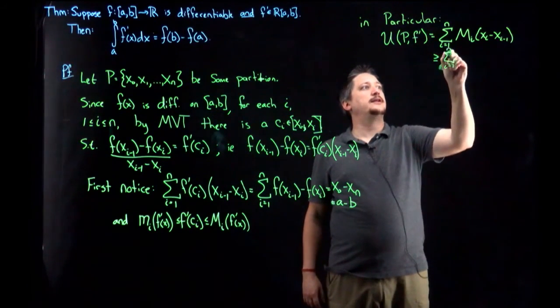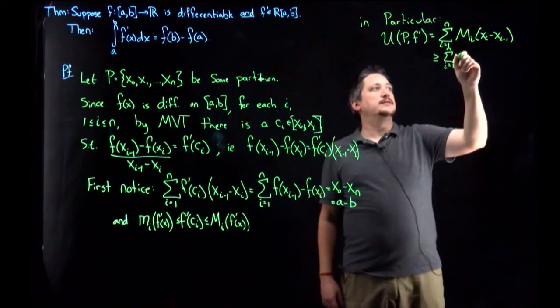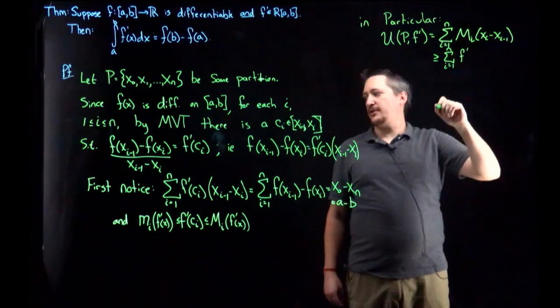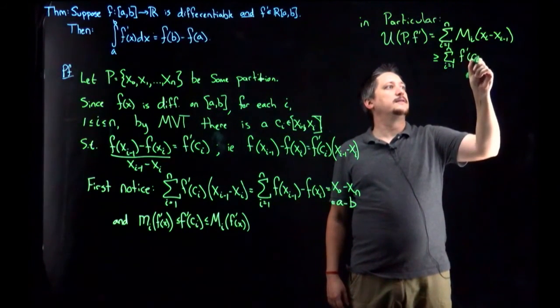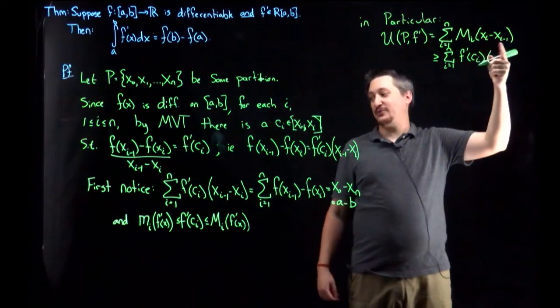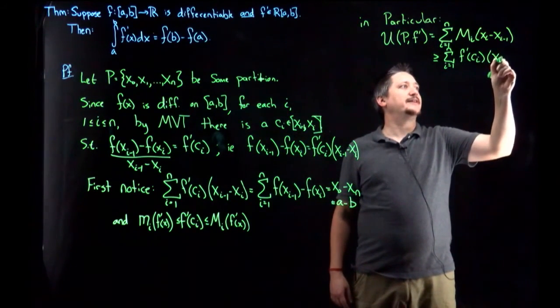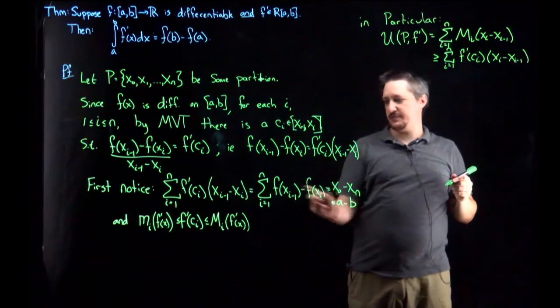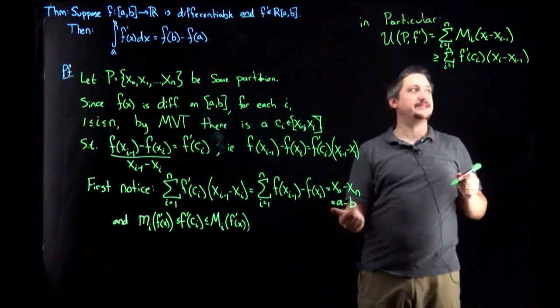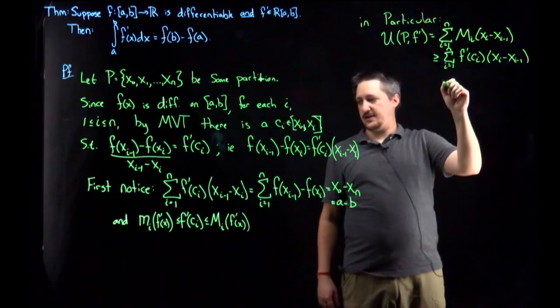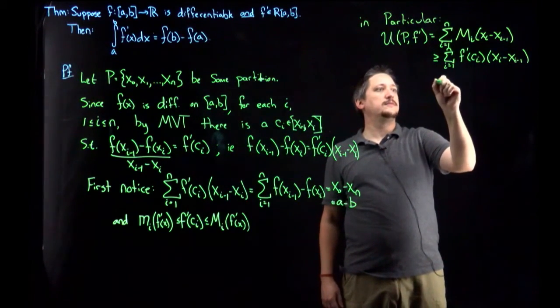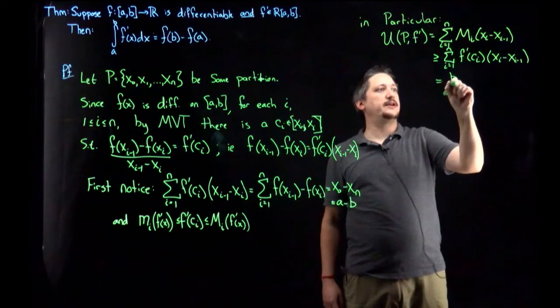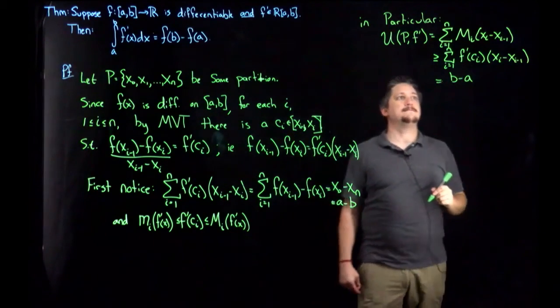The sum, i going from 1 to n, of f prime of ci times, if I write it the correct way this time, xi minus xi minus 1, right? Flipping those, which will flip those, and these. This is equal to b minus a, right?